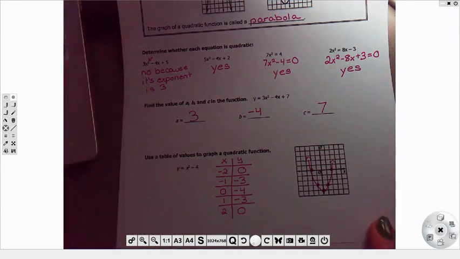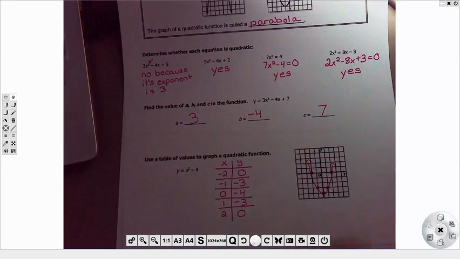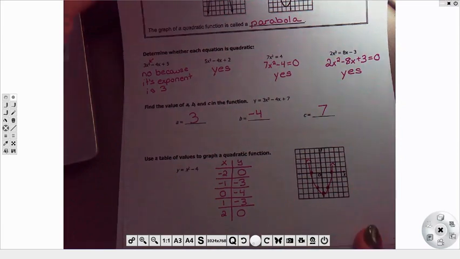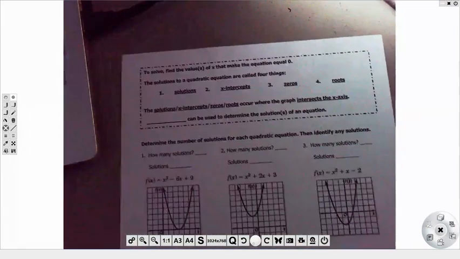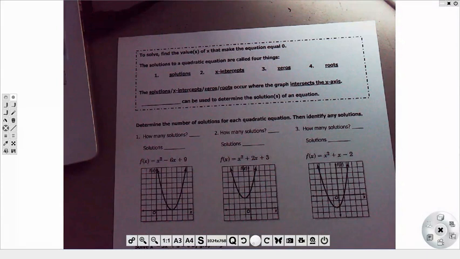Okay? All right, let's go to the next part. So, when we are given quadratic functions, we are asked to solve them. When we are solving them, we are finding the values that x can be to make the equation equal 0. Those solutions to a quadratic equation can be called one of 4 things.